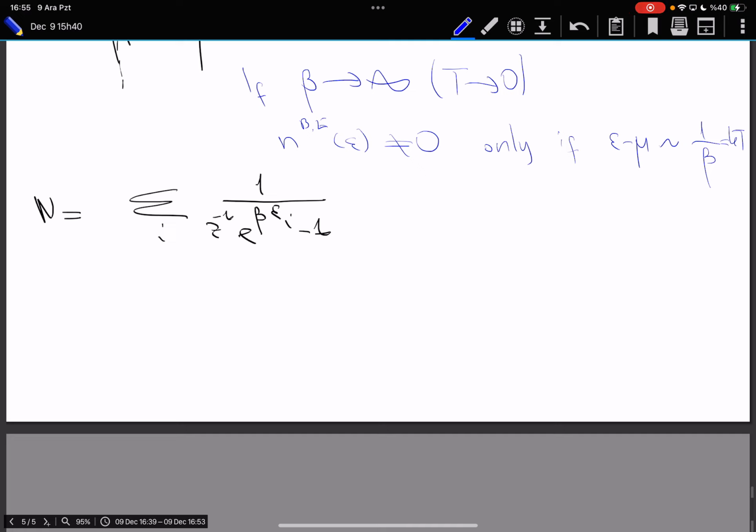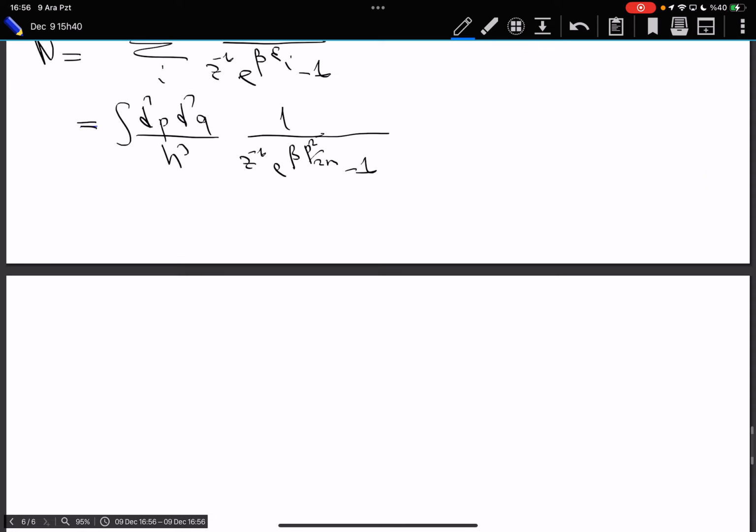I can just convert this sum into an integral, which is the integral of d cubed p, d cubed q divided by h cubed, 1 over z inverse e to the power beta p squared over 2m minus 1. This is my integral that I would like to calculate somehow. Well, let me look at this d cubed p, d cubed q term. The q integral is the integral over position. Nothing depends on position. That just gives me a V.